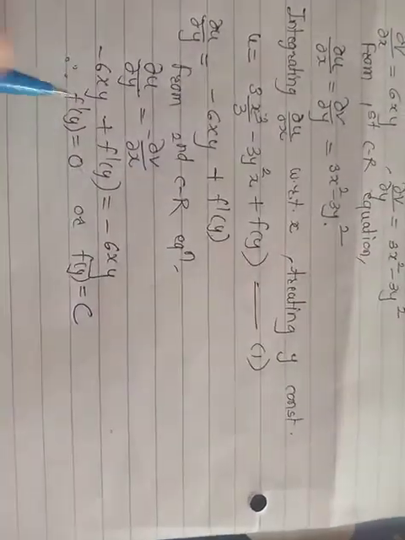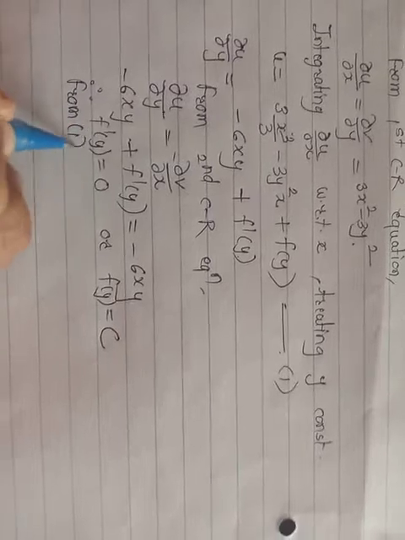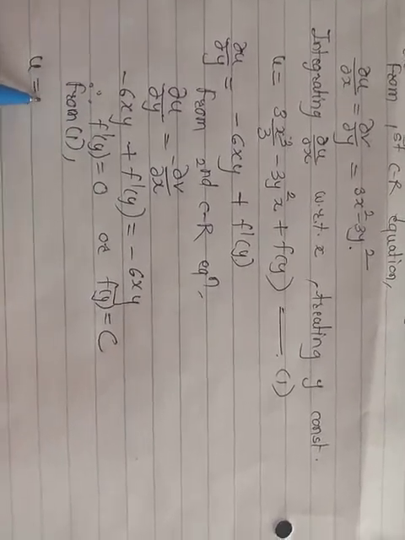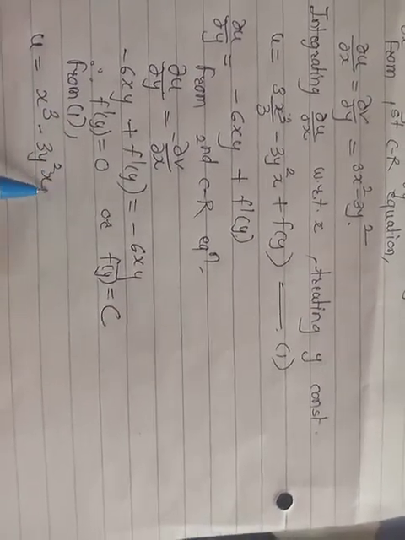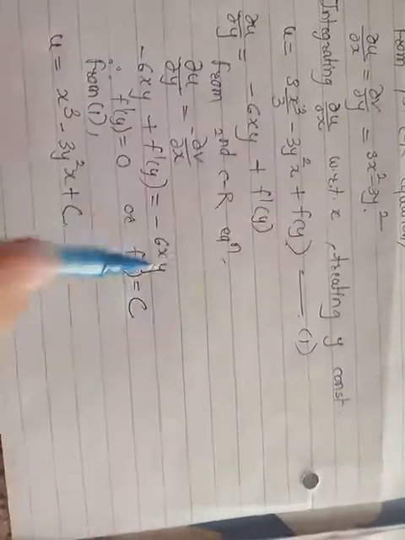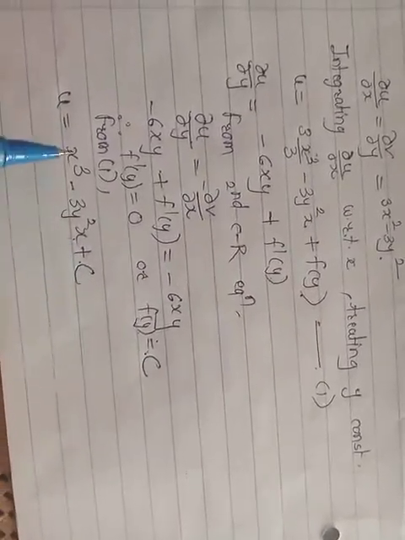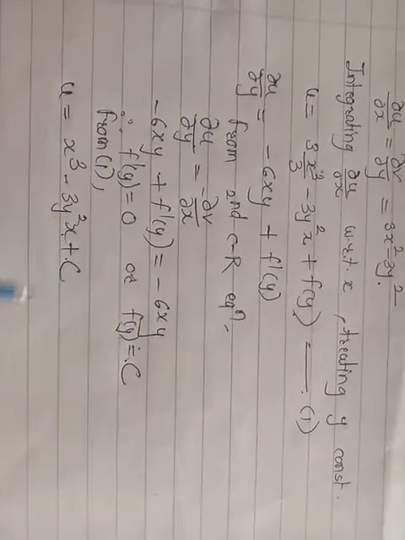Now from equation 1 we get u is equal to x cube minus 3y square x plus constant of integration, that is f of y is c. Here if we substitute we get u is x cube minus 3y square x plus c.